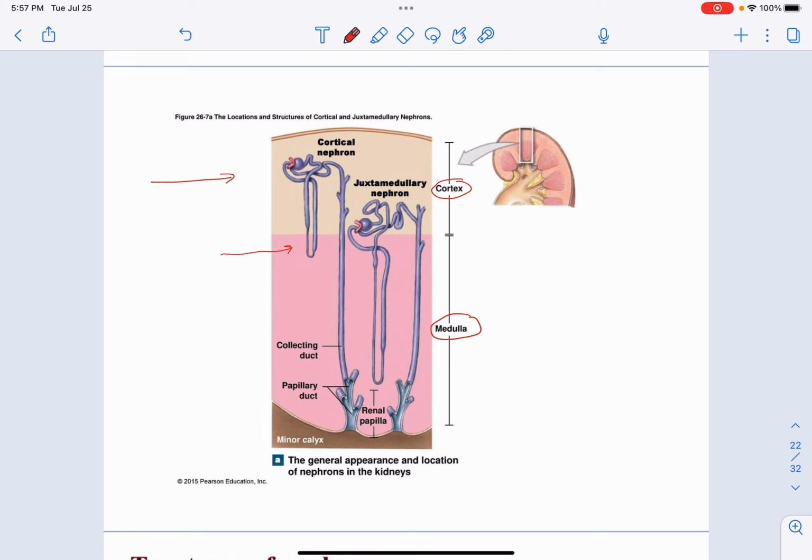Here is a collecting duct, here's a collecting duct, and here's a collecting duct. The collecting duct will then dip all the way down through the medulla, and here's where that renal pyramid was, if you can imagine that. It's going to dump its contents here by the renal papilla, and then make its way to the calyces.